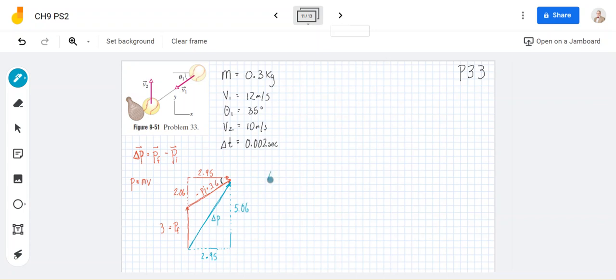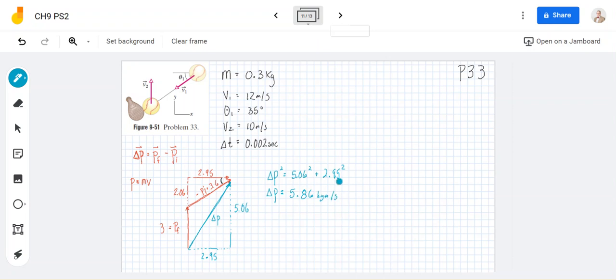So to get the change in momentum, I'm going to take 5.06 squared plus 2.95 squared. So I have 5.86 kilogram meters per second.